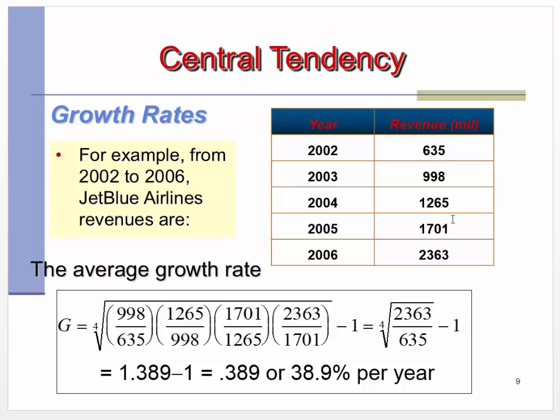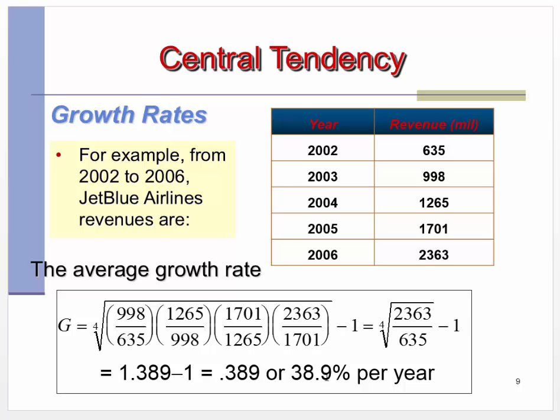Again, 1701, 2005, over 2004's 1265. And then the last year, 2363, over 1701. You can see that when you do that, 998 cancels, 1265 cancels, 1701 cancels. In the end, what you have is basically the last year, 2363, over the first year, 635.